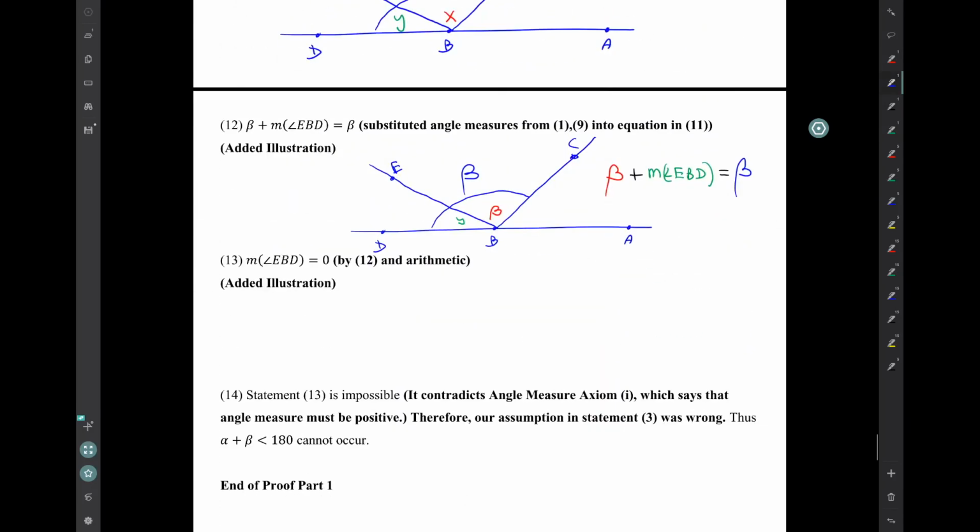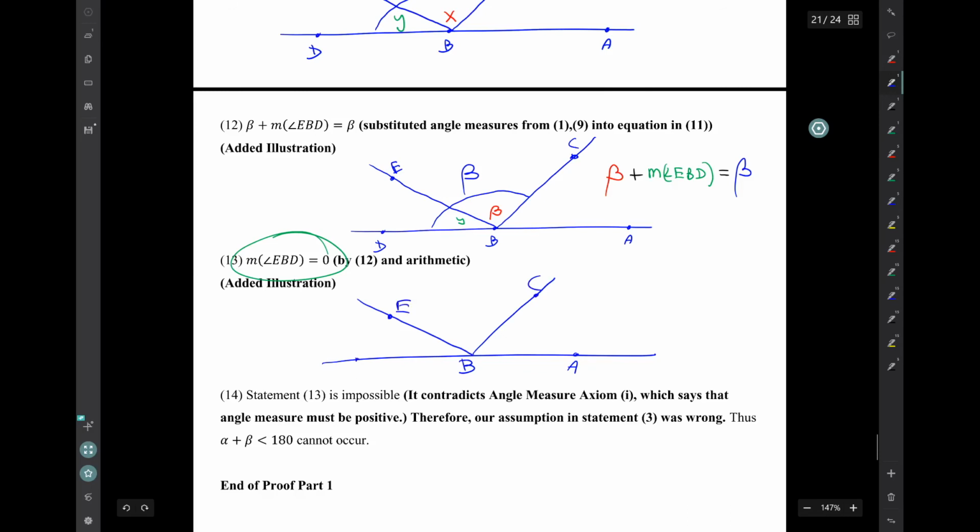So we have this kind of goofy situation where we end up showing that this angle has measure 0. But statement 13 is impossible.